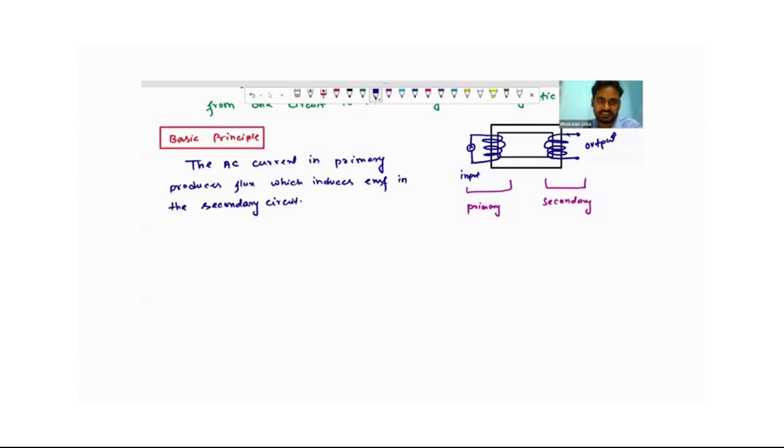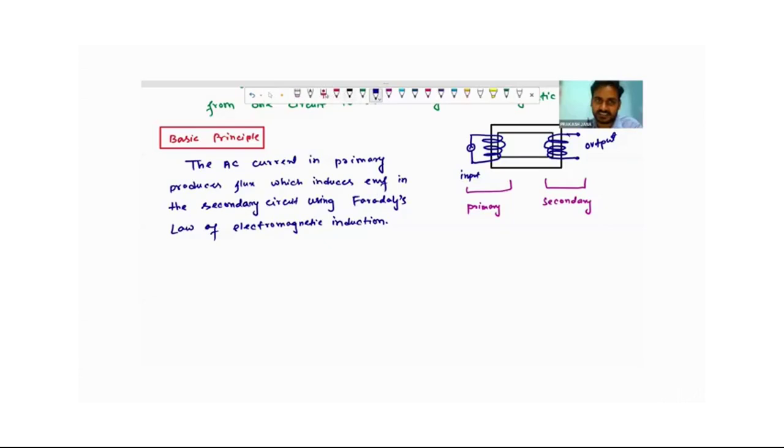We can write this using Faraday's law of electromagnetic induction. So this is the basic principle.